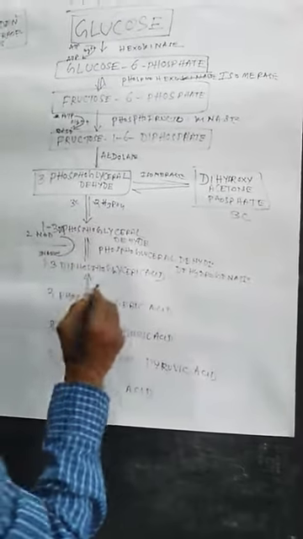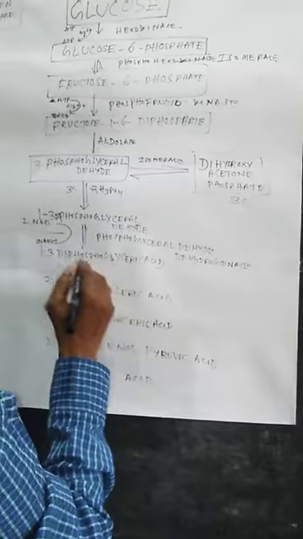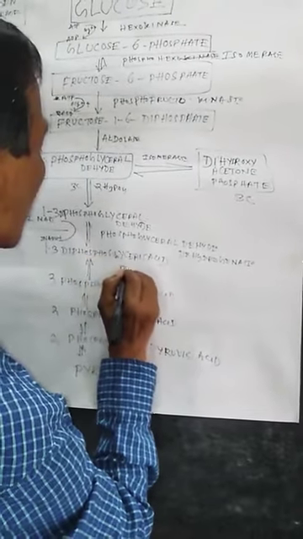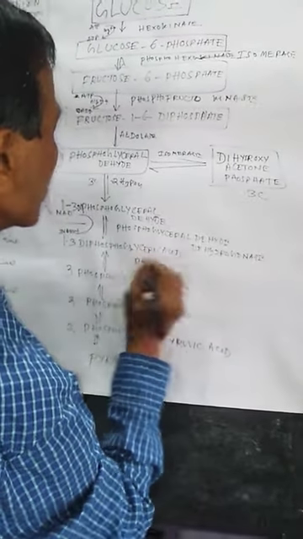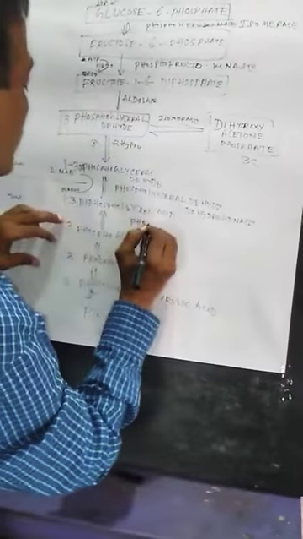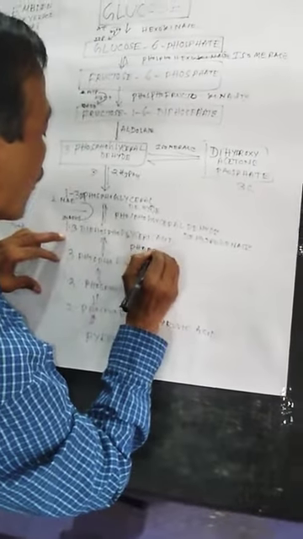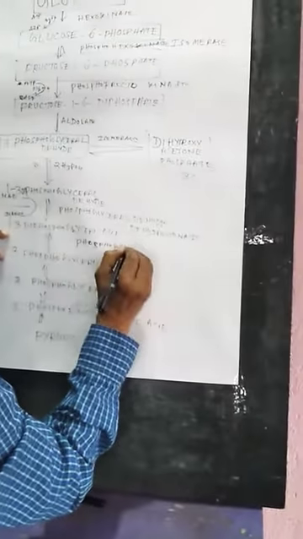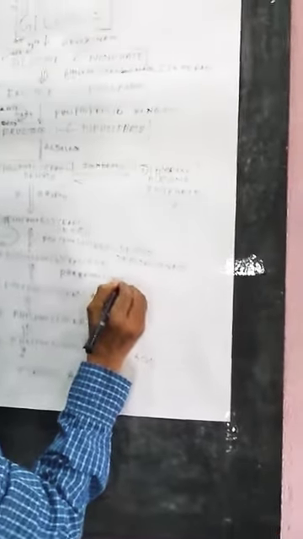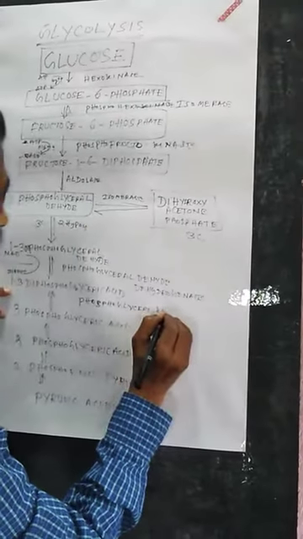Then for the next step, the enzyme is phosphoglycerokinase.